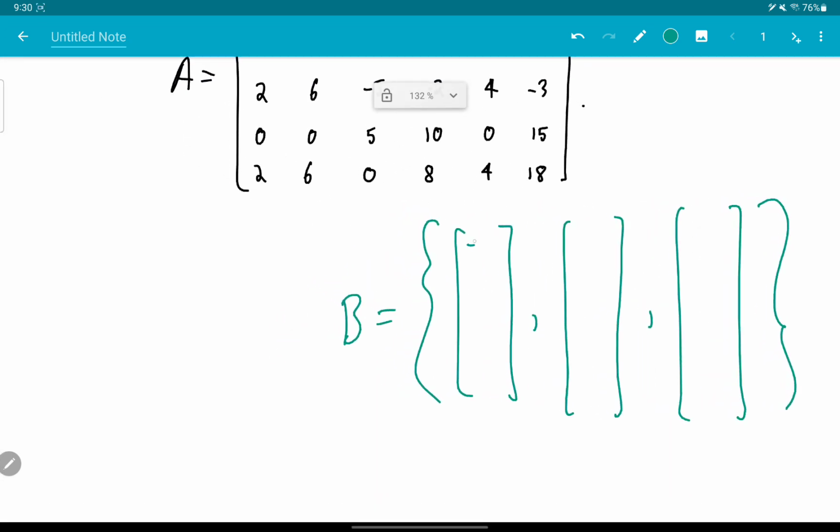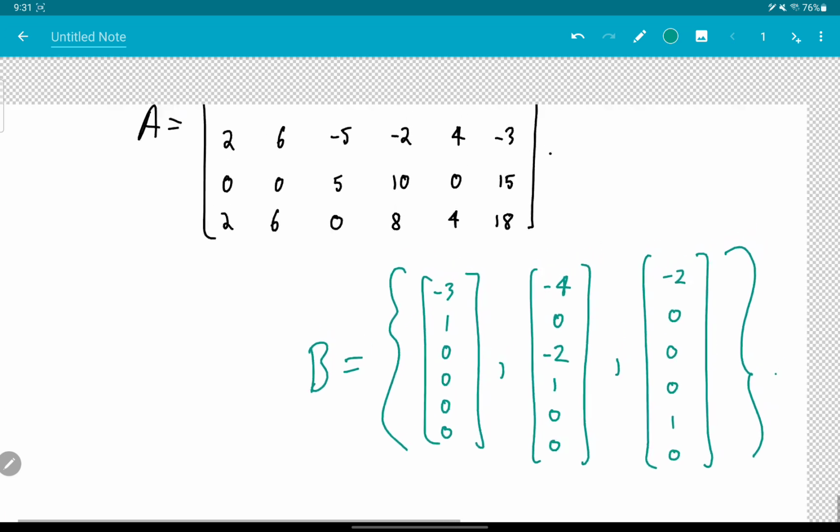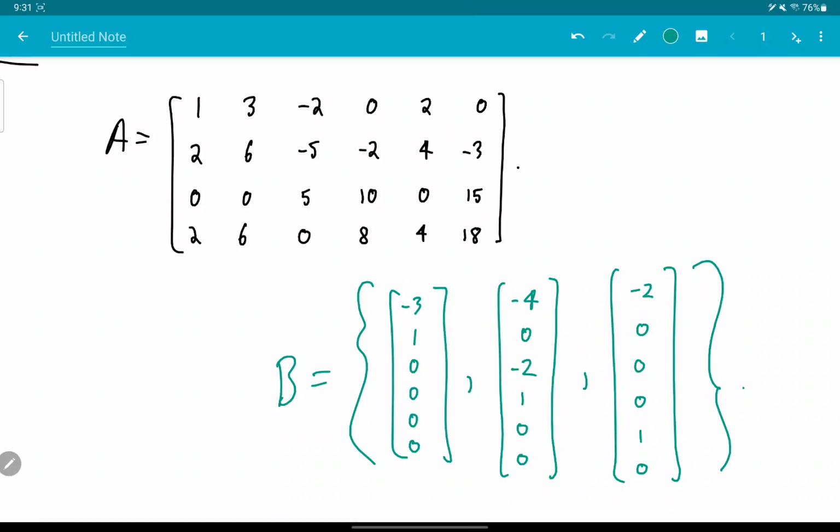What were the vectors? -3, 1, 0, 0, 0, 0; then 0, -4, 0, -2, 1, 0; and then 0, -2, 0, 0, 0, 1, 0. So that's the basis I got. So hopefully you were successful there. If not, come and talk to me. I'm a nice guy.